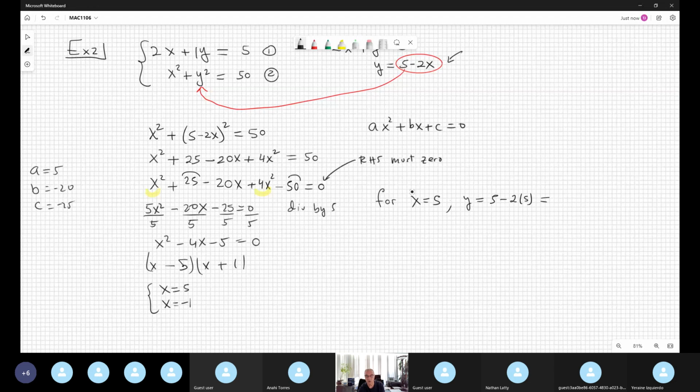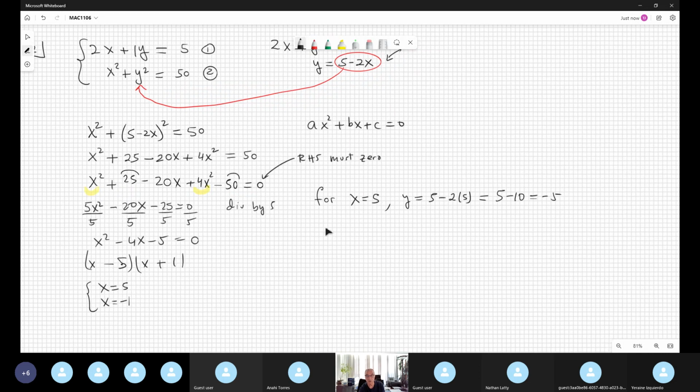We are doing the multiplication first. So 5 minus 10, which is negative 5. And the point would be 5 positive, comma, negative 5. Because this 5 positive is the x value, and this negative 5 is the y value.